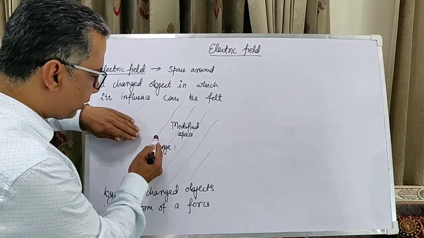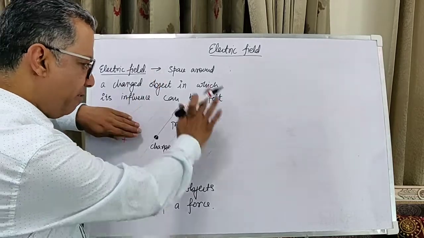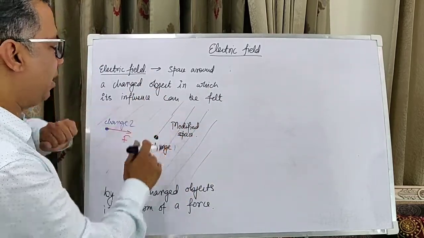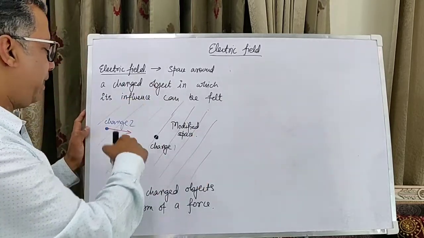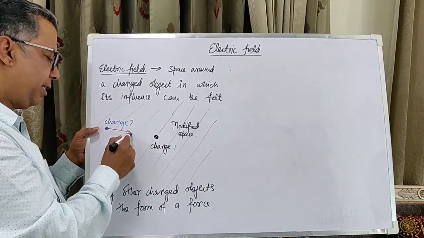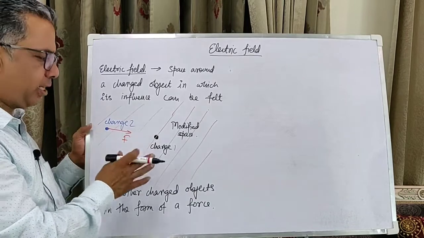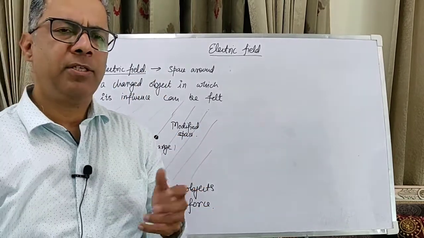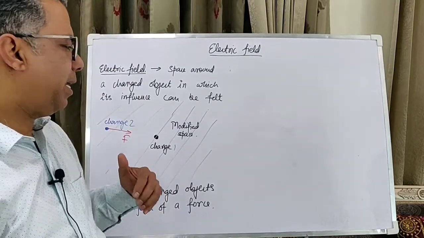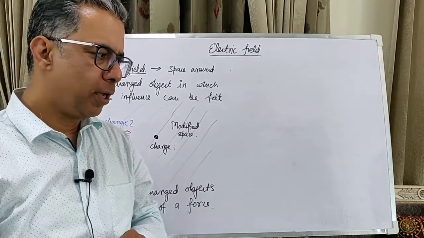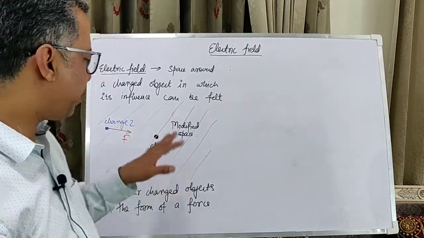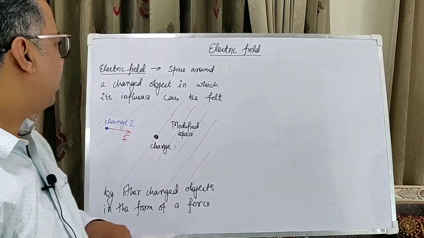What a charge does is it modifies the space around it, and it does it in such a way that this modified space then applies forces on other charged objects when they're placed in this space. So you can say that the electric field of a charge is the sphere of influence of that charged object.